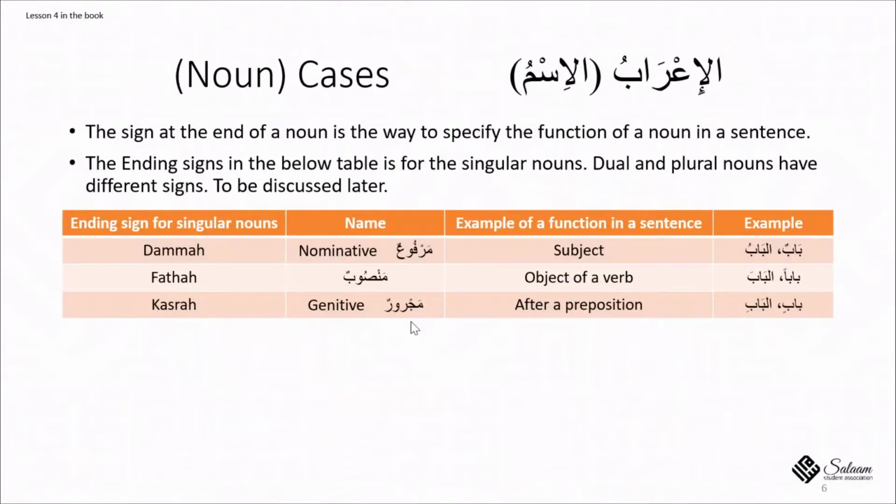So the position of the word in a sentence will completely change once you change the final ending here. So babun and baban and babin, when we put that into a sentence, it will completely change the meaning. If it's an object, then it will be mansub, we call it. Mansub means that there is a fatha at the end. If it's after a preposition, for example, it would have a kasra.